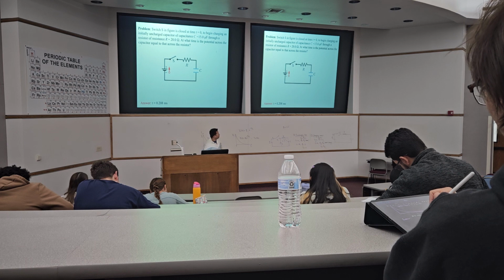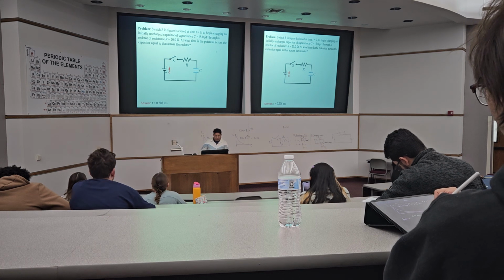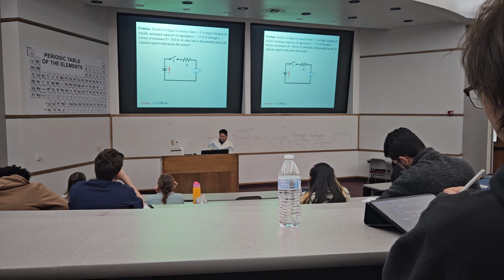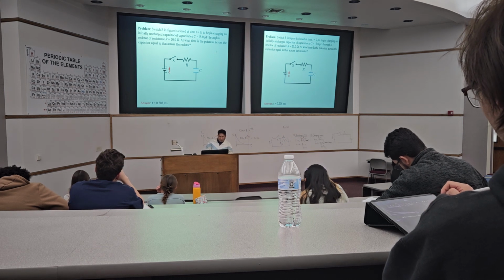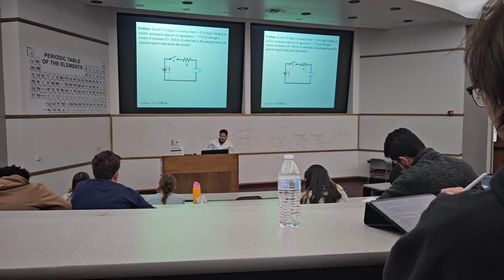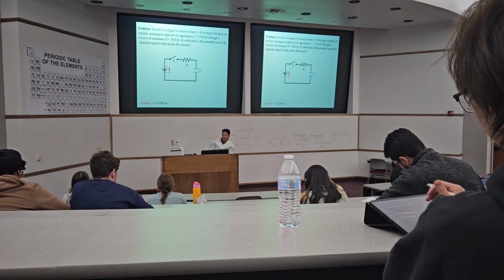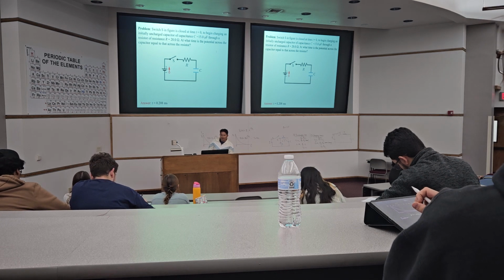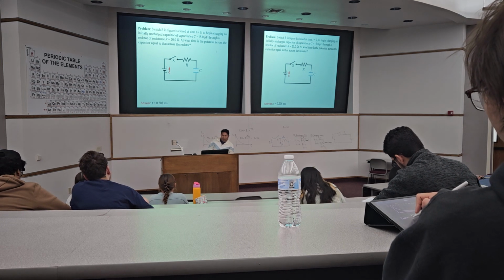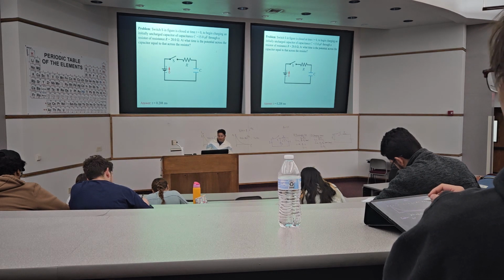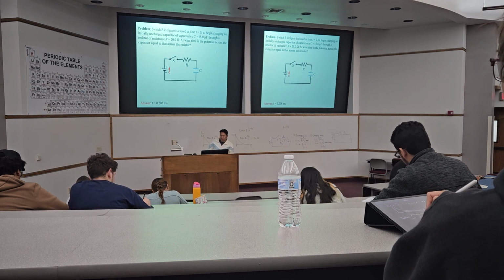You are given a figure, a circuit, that has a battery and switch S, and you have a resistor and capacitor. Definitely it is an RC circuit. The switch S in the figure is closed at time t equal to 0. You turn on the switch to begin the charging, with an initially uncharged capacitor. The capacitance value is 15.0 microfarad.